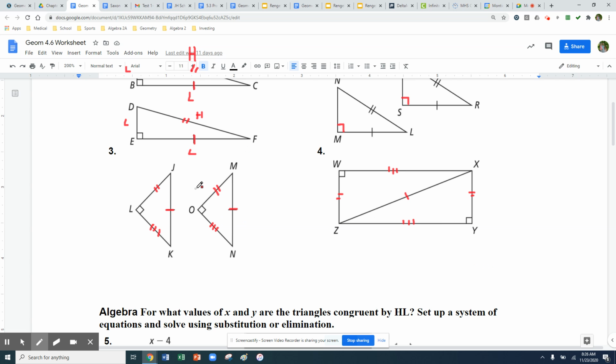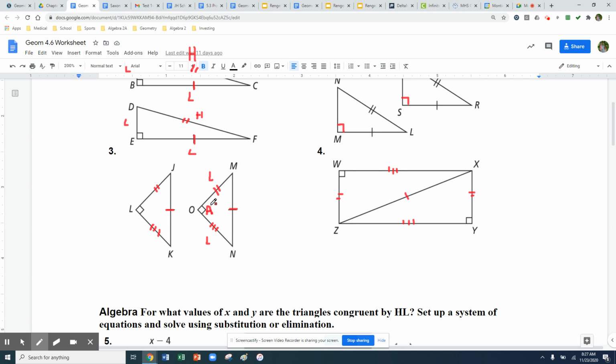So one other thing that you may be wondering, so we do have the hypotenuse leg theorem. There is no leg theorem. If I knew this leg, and then I have this angle in between, if you know both legs with this angle in between, that's actually another theorem we've talked about.